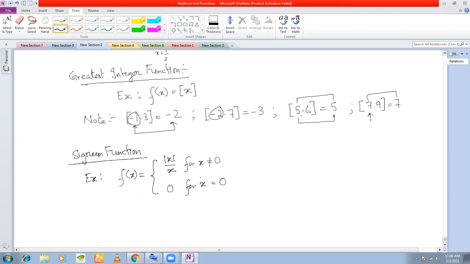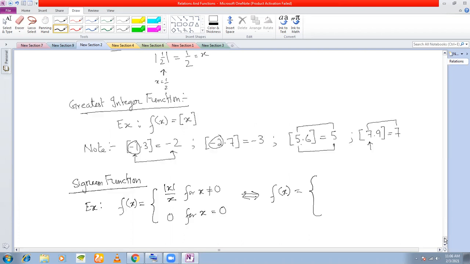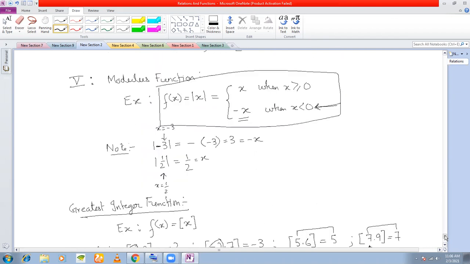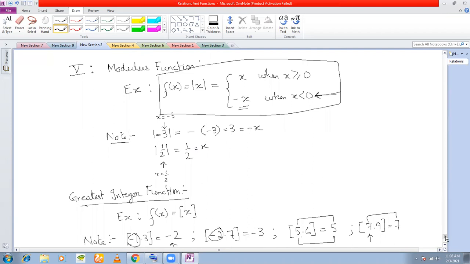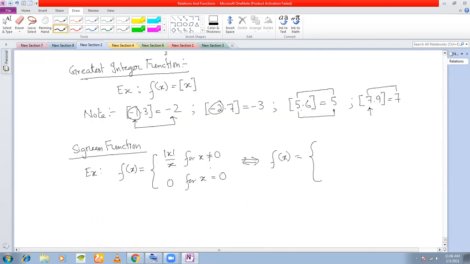Now the signum function can further be simplified. The signum function can also be written in this manner. Now you know the modulus function, which I have already shown you here, right? f(x) is equal to mod x is equal to x when x is greater than or equal to 0, and equal to minus x when x is less than 0. You have a mod here, isn't it? So you can break this into two parts.